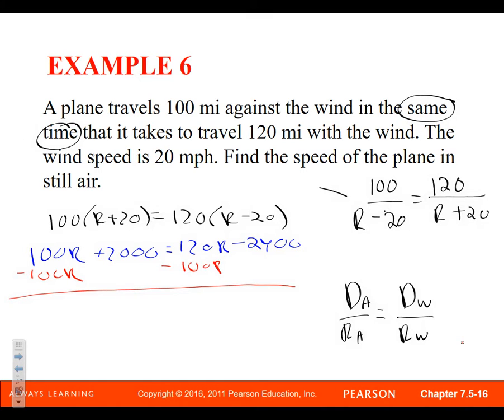And I was worried you guys weren't paying attention. So 20R, add 2400, add 2400, 4400. Yeah? Divide by 20.